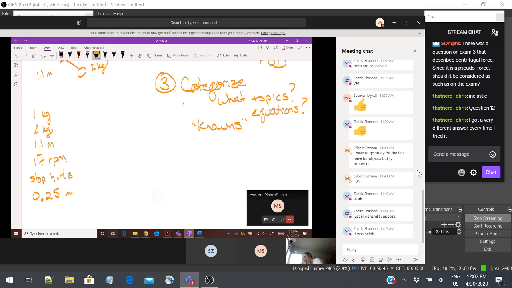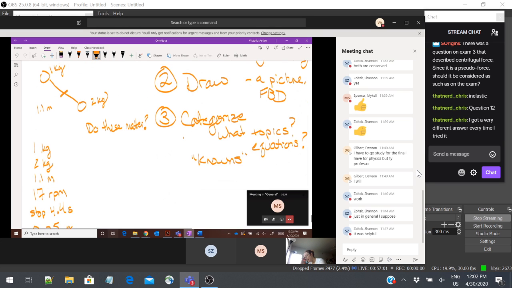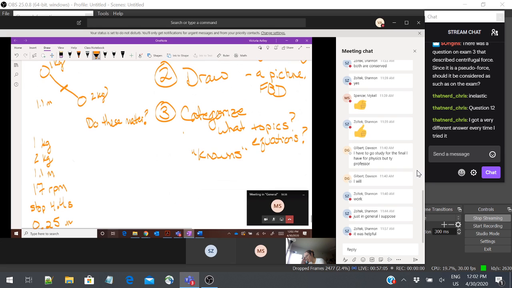So I think it's useful to ask yourself, do these matter? And if they matter, you have to make sure you're using them when you do the solution. If they don't matter, then you can just throw them out. Okay, so if I have a different mass on either end, will that affect anything about the physical situation? So the answer should be yes.